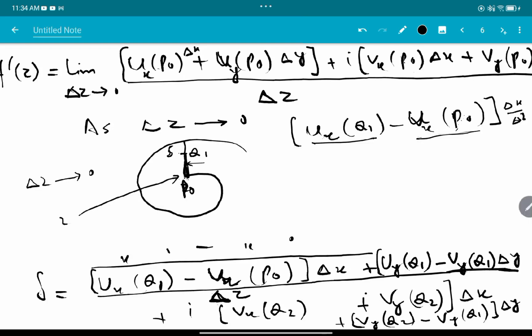But what is ux? Ux is the partial derivative, not u. I'm not talking of u, I'm talking of ux. Ux itself has to be continuous to make this 0. That means this term will vanish provided ux is continuous.